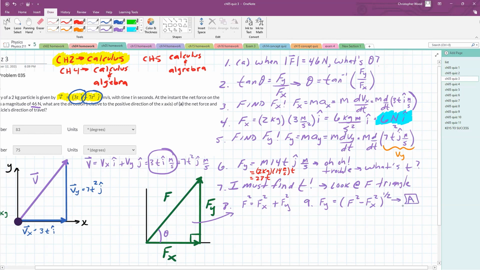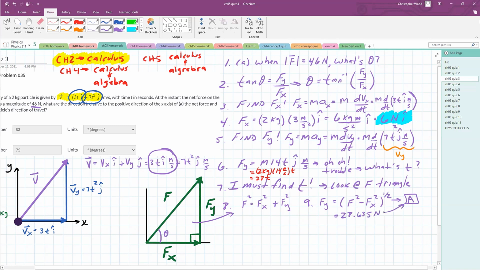Okay, let's do that. So f squared, for me, 46 squared minus 36 squared, square root of that. Okay, 28 and some change. 28.635 newtons.